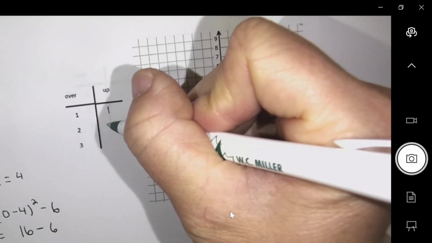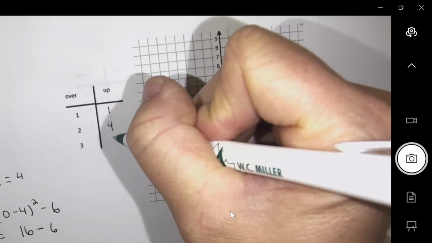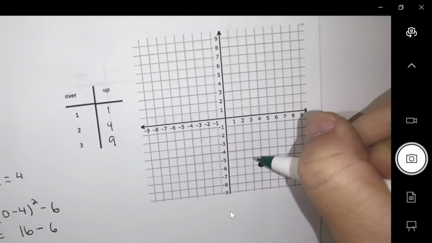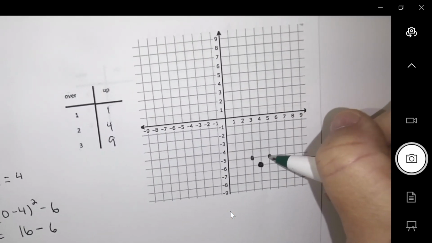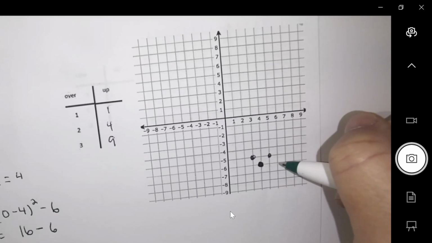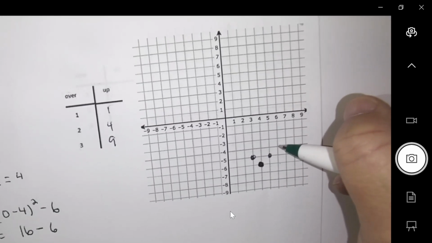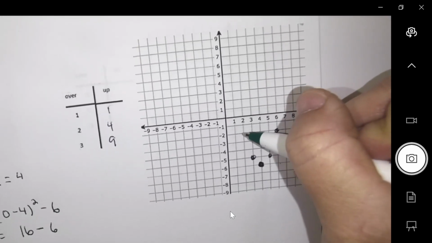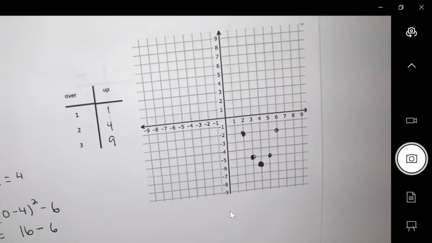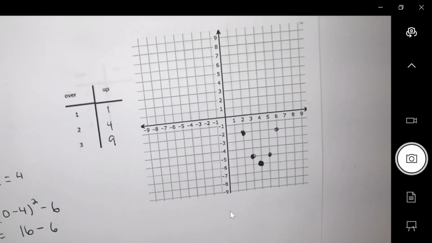If I was to move 2 over, 4, 3, 9. So 1, 1, 1, 2. Are you always going back to your vertex every time? Reset, reset. You always have to reset.